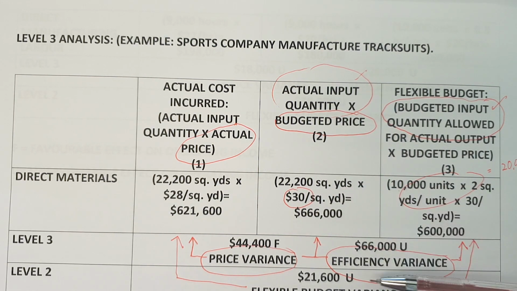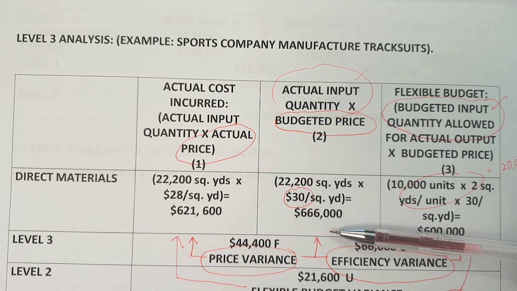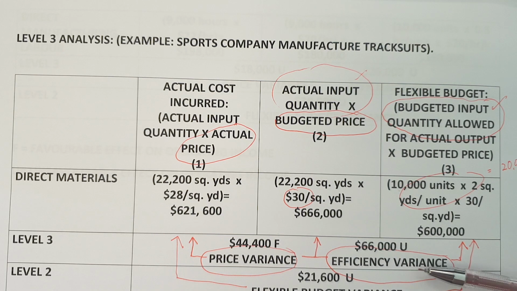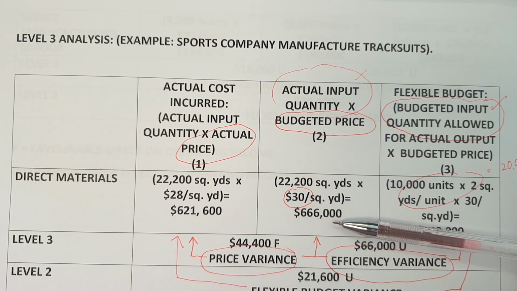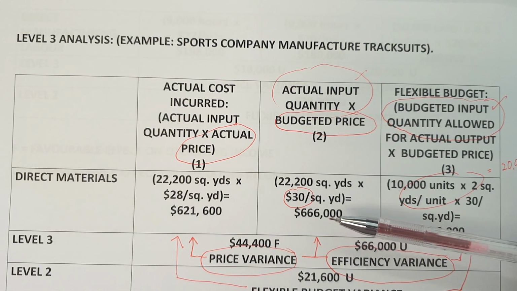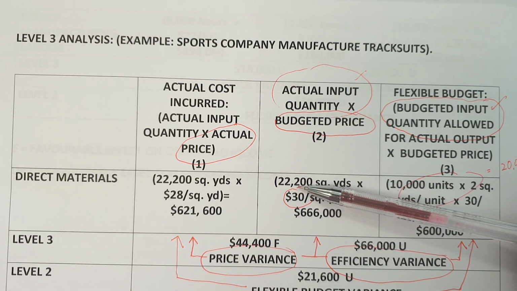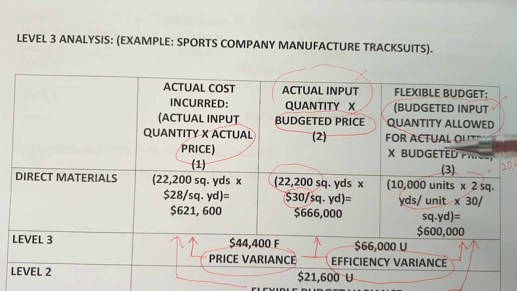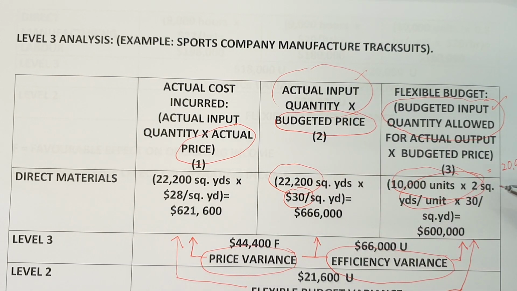This leads to the efficiency variance. If we calculate this, the total here is 600,000 and this one is 666,000, and it leads to an unfavorable efficiency variance of 66,000, in the sense that the actual input quantity we used to produce the product costs 666,000, which is higher than what we already planned.